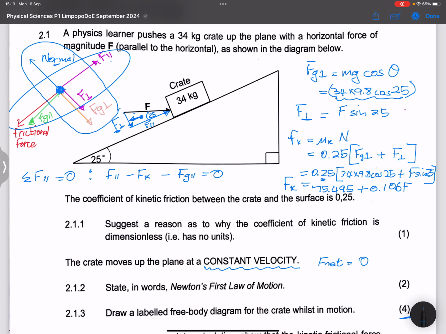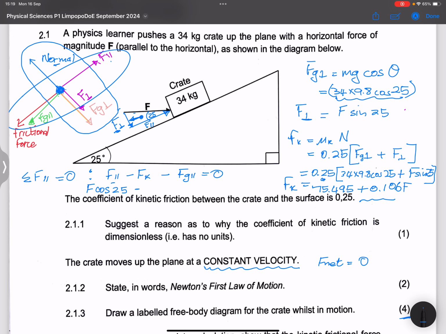Now, ladies and gents, all that there simply is to it, we just need to find our F parallel value. Now remember, this is cosine, so this will be F cos of 25 degrees, right, minus this entire thing that we just found, okay?